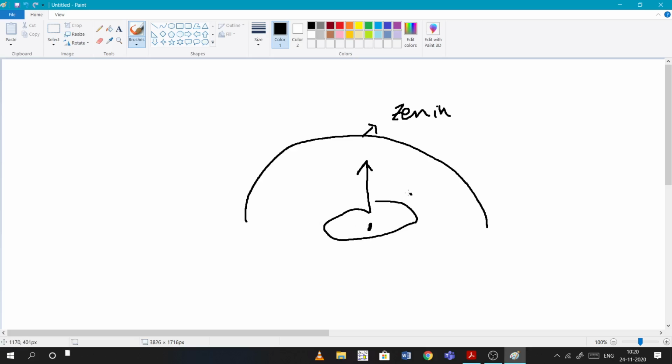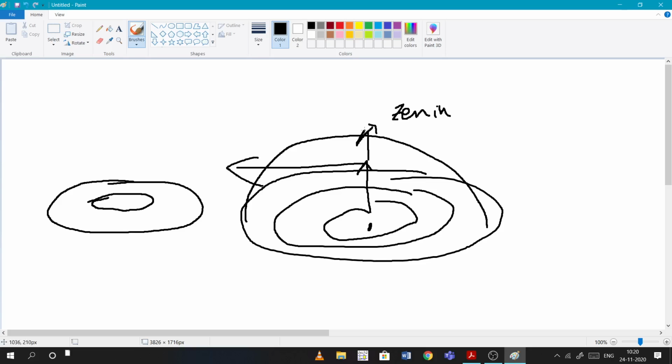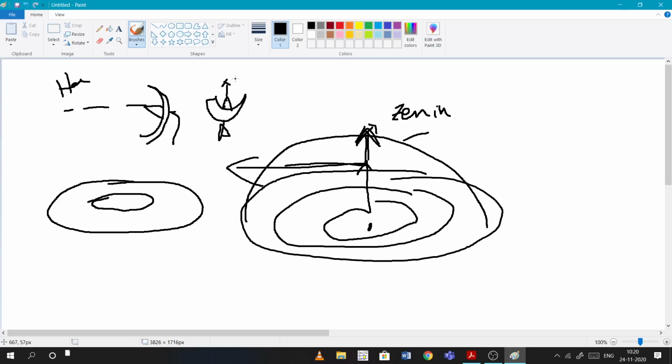Horizon means the horizontal direction. When you point the antenna up, it is zenith. When the antenna is placed horizontally, this is called horizon. When the antenna is placed upwards, this is zenith.